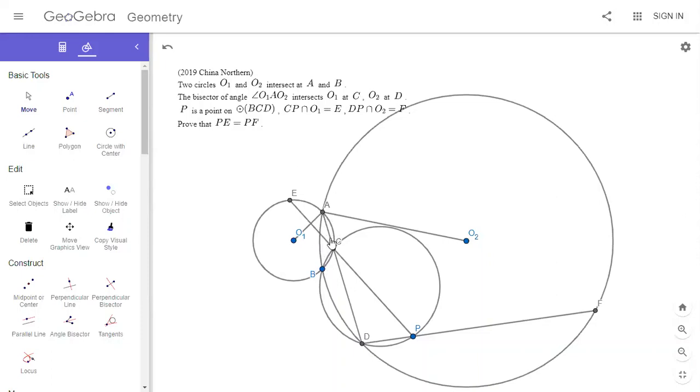So let's see. We want to show so 180 minus EAC is EBC. Are E, D and D collinear? No. Feels like it should be an angle chase to prove that.